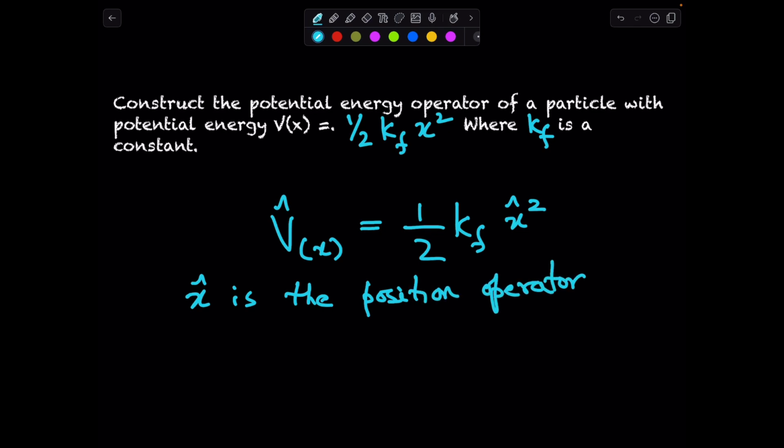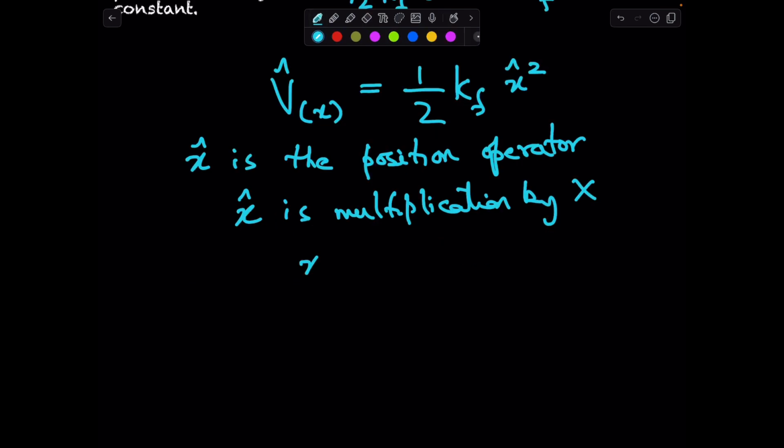We know that the position operator x cap is multiplication by x. So the potential energy operator V cap of x is simply half k f x squared.